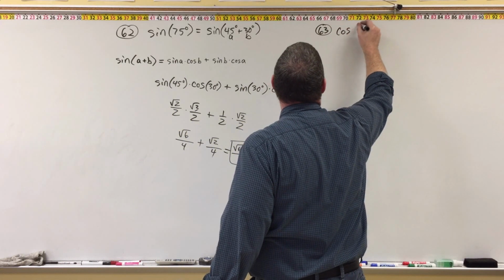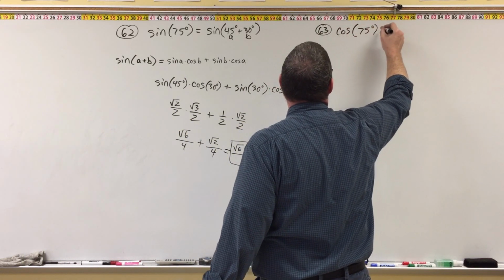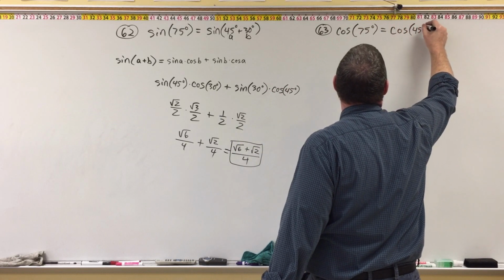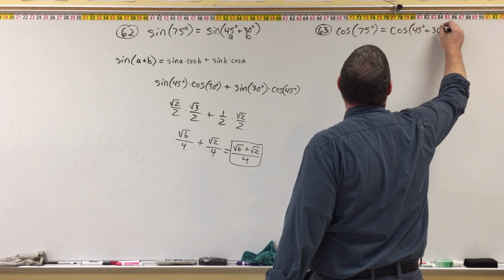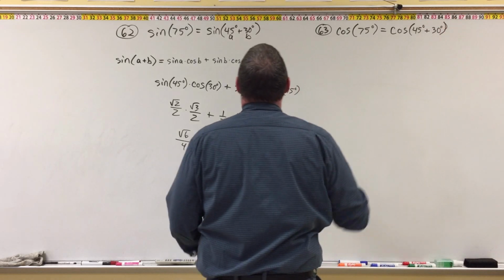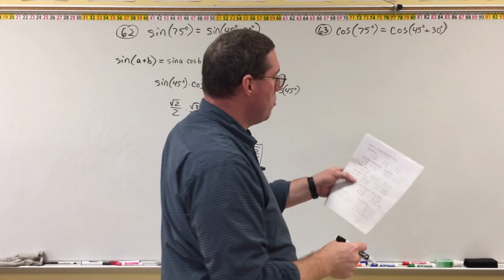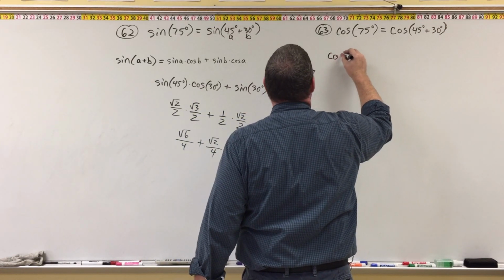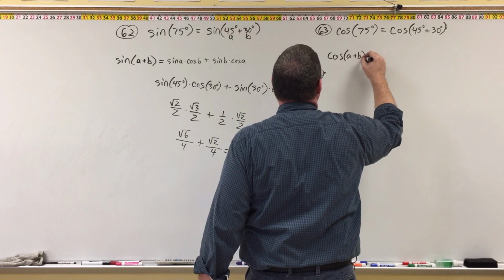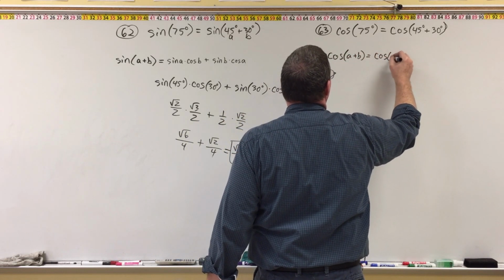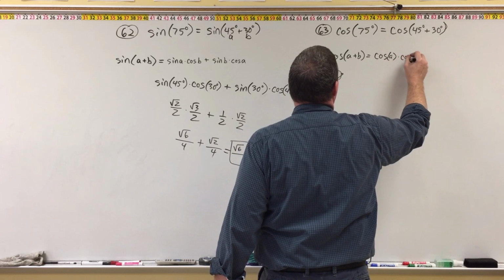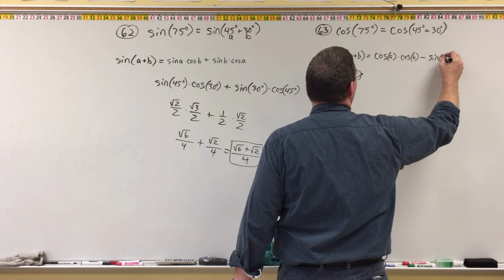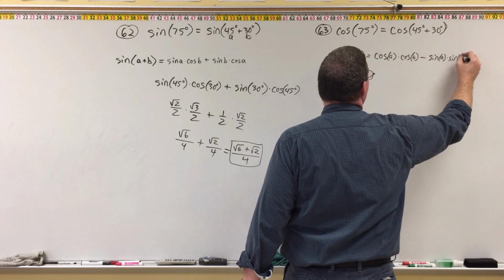It says, what is cosine of 75 degrees? We're going to break that up into cosine of 45 degrees plus 30 degrees. And we're going to use our formula. Our cosine formula says cosine of alpha plus beta, or a plus b, is equal to cosine of a times cosine of b minus sine of a times sine of b.